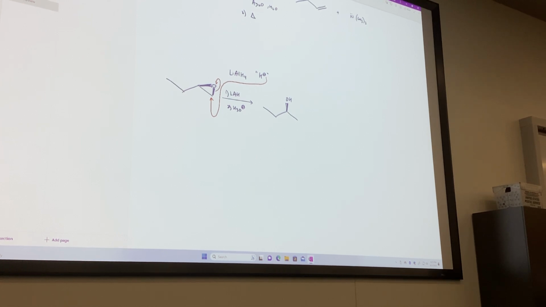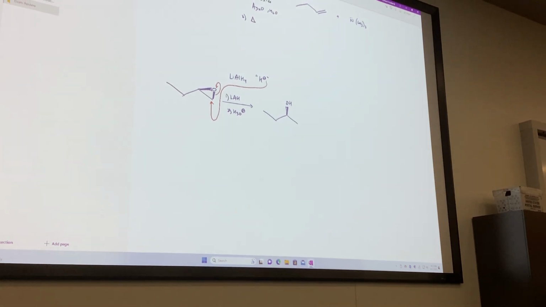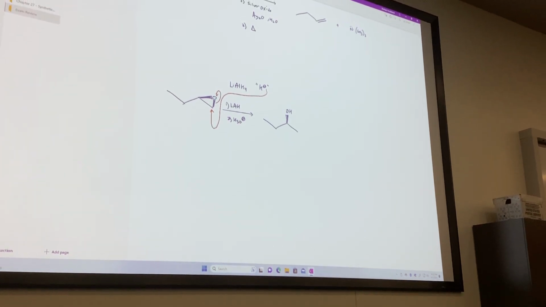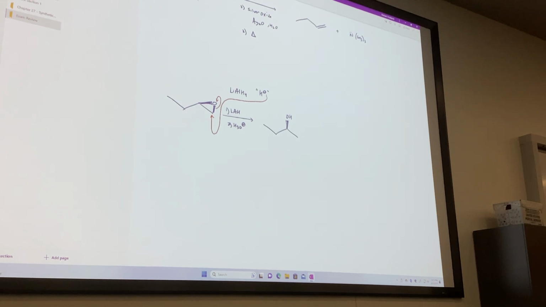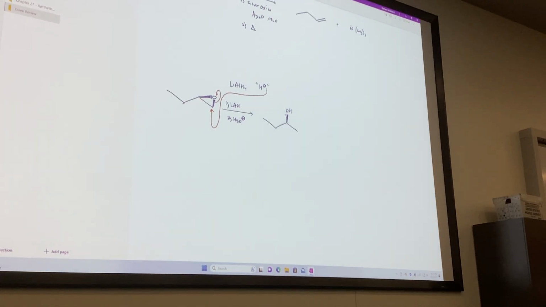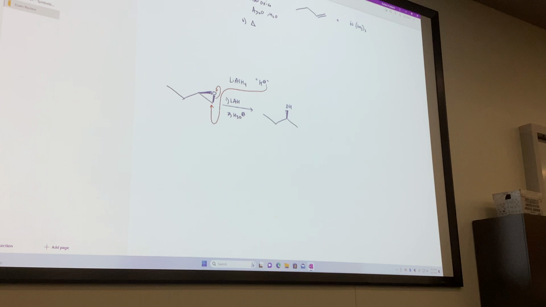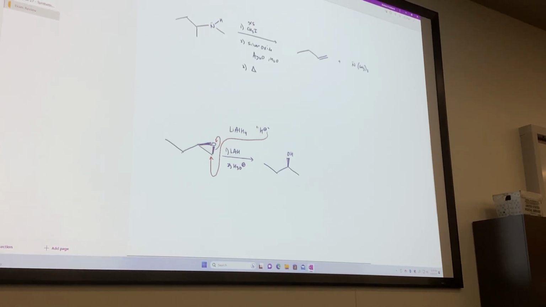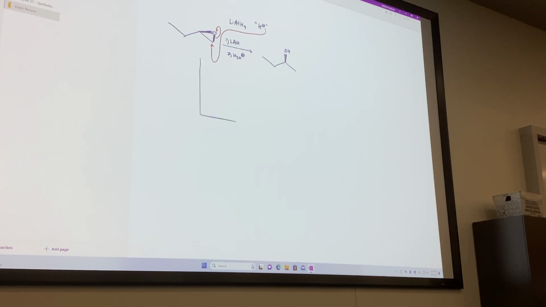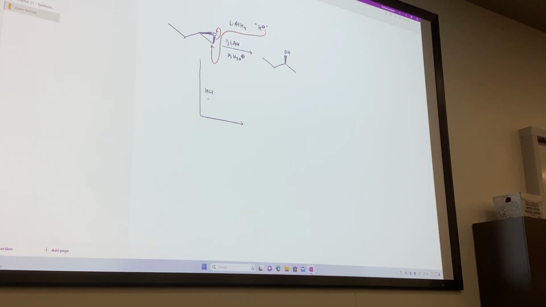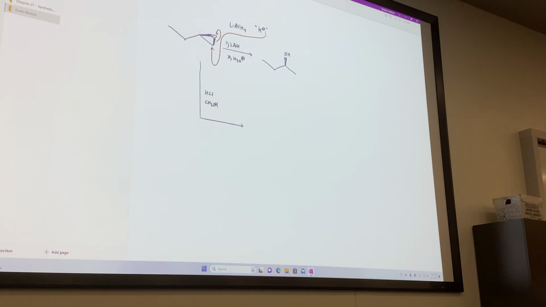Now, if we had HCl, let's think about that one for a second, just as practice. HCl and methanol. What is the product of this reaction?